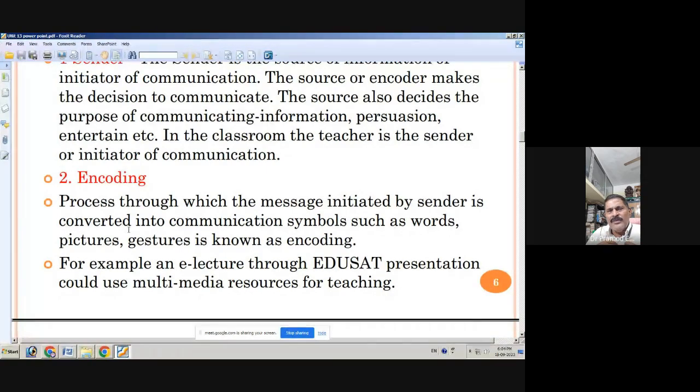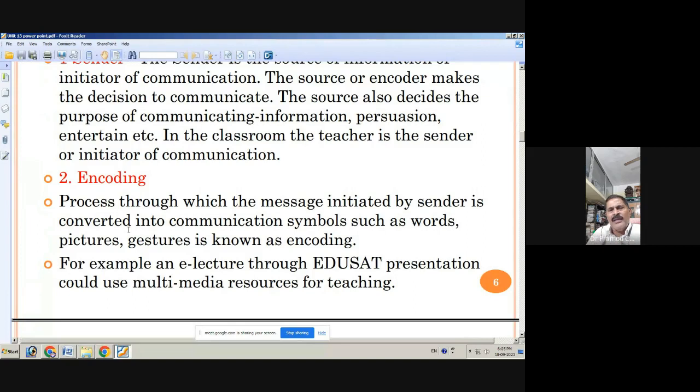Then I will have to encode it in my form. How can I communicate it? I will have to convert the message. It may be in terms of symbols, or in terms of words, or in terms of pictures or gestures, whatever it may be. Encoding depends upon the sender.